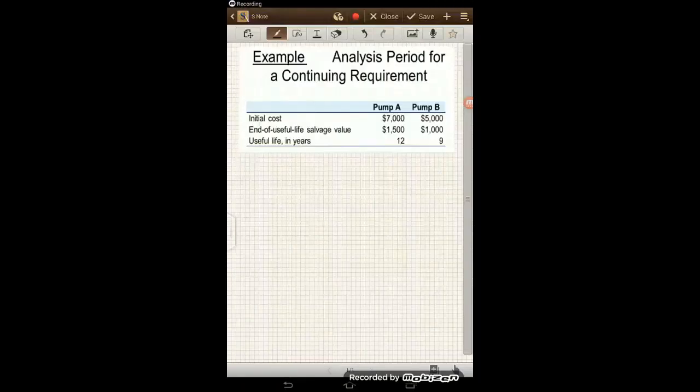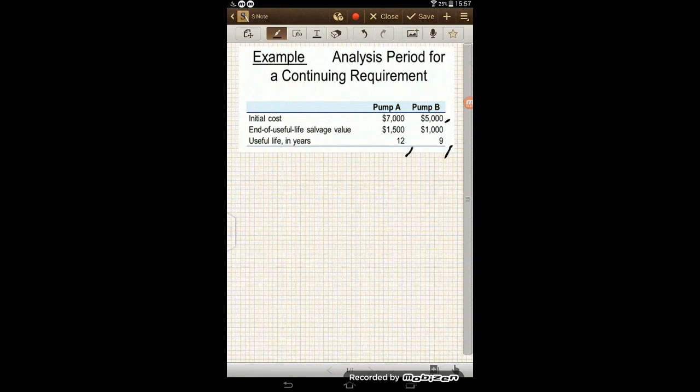What if we have a different useful life again, but it is not in sequence, like 12.6, let's say 12.9, and the salvage values again 1,500 and 1,000, 7,000 initial cost for pump A, and 5,000 for pump B. It's the same question, but instead of 12.6 we are going to have 12.9. It's going to be basically the same thing.